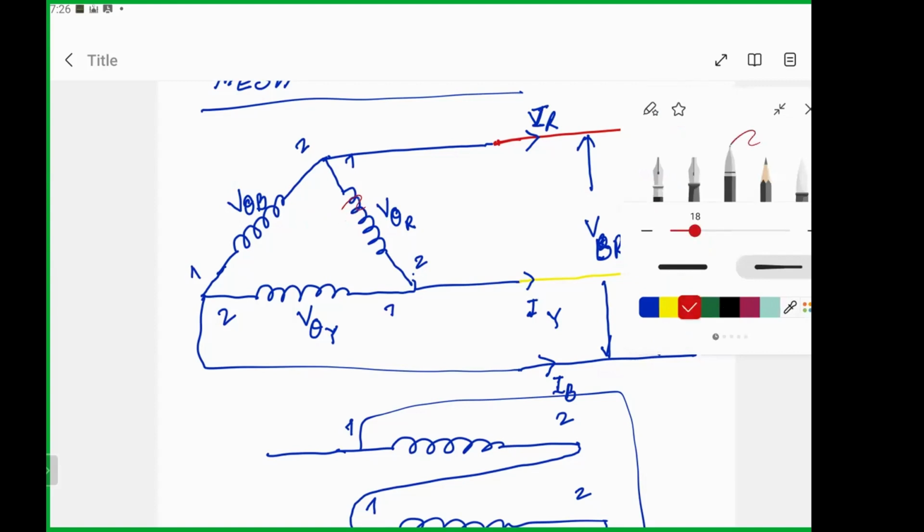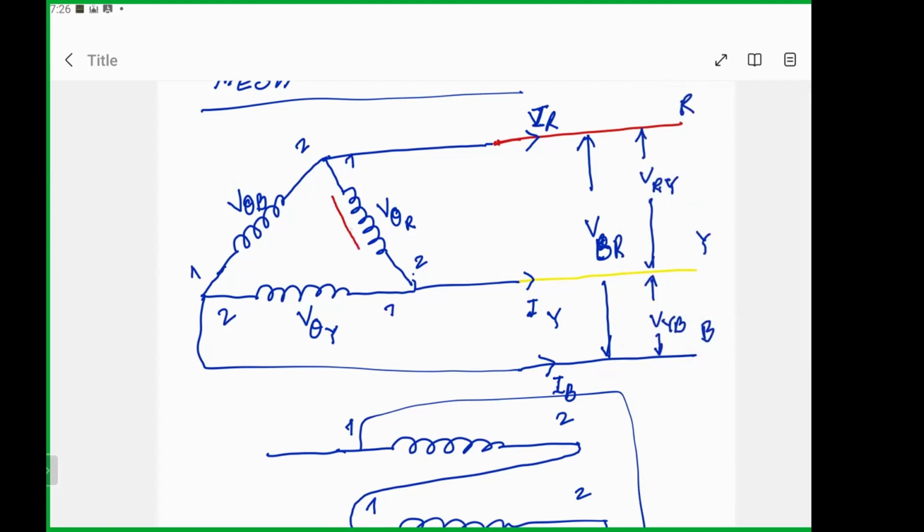I will consider number 1 as the positive terminal, so current will be going from positive to negative. Similarly, this is positive and this one is negative, and this is positive and this one is negative.